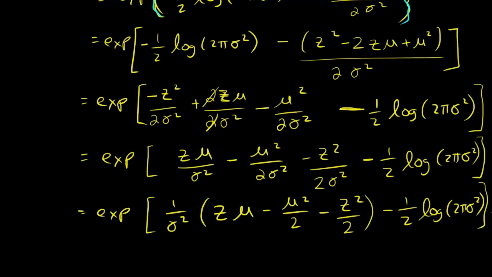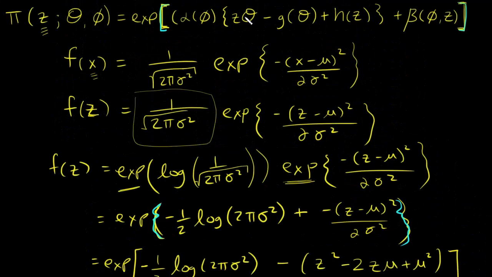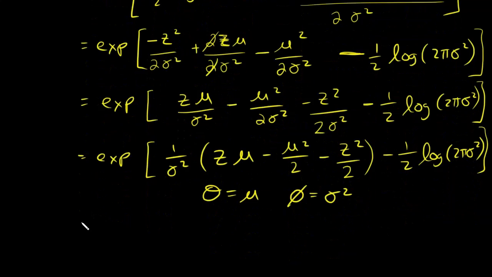Okay. All right, so at this point, I want to try to identify what is phi and what is theta. So theta is mu. We can see that because I have z times mu. So I'm going to go and write that. Theta is mu, and phi then will be sigma squared. So let me plug that in. Actually, let me not make that sigma squared, but just sigma.